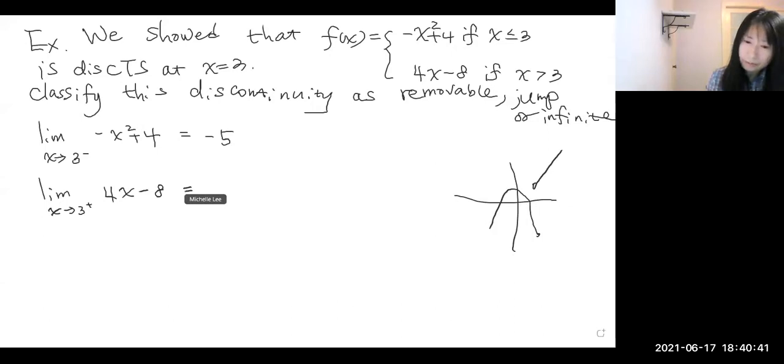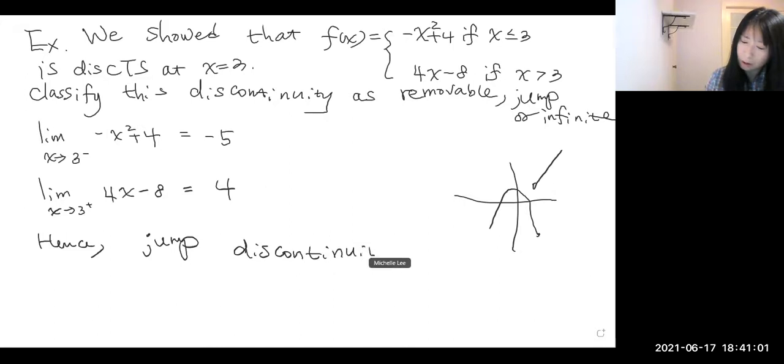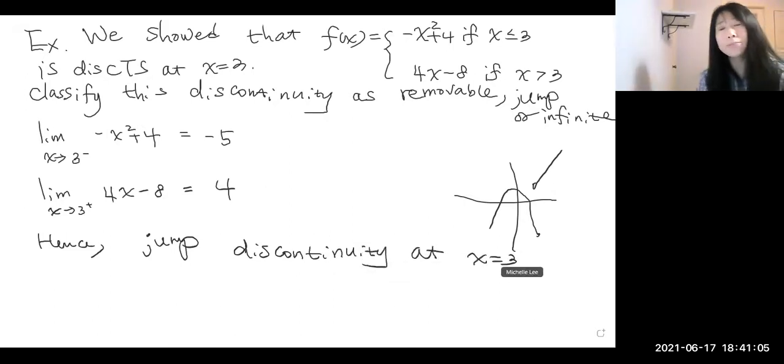What do you get? 4. Okay, so they don't agree. So jump discontinuity at x equal to 3. Make sense?